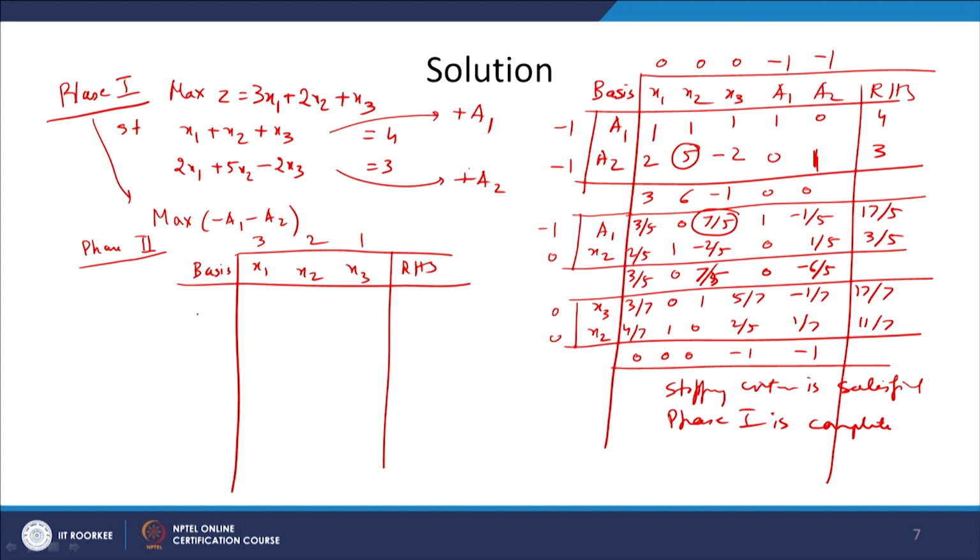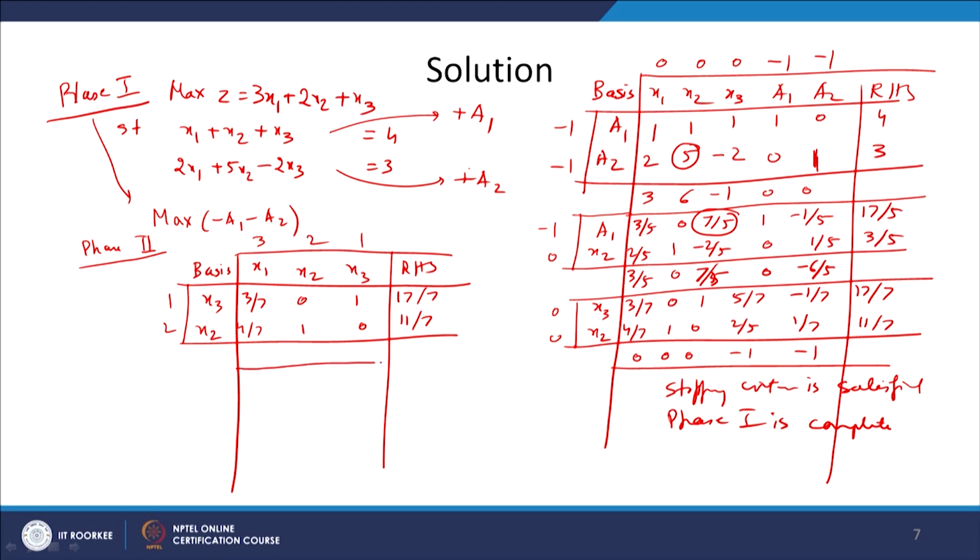The basis is x3 and x2 and the same table will come over here: 3 by 7, 0, 1 and 4 by 7, 1 and 0. Remember that A1 and A2 have been deleted. So, these two columns have been removed. Right hand side is 17 by 7 and 11 by 7.